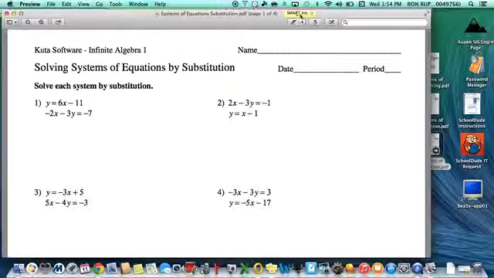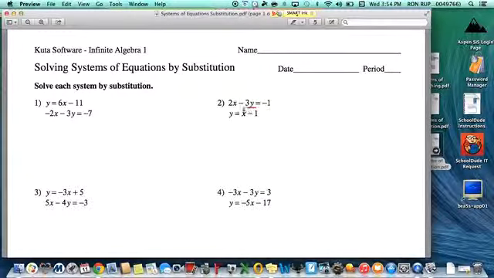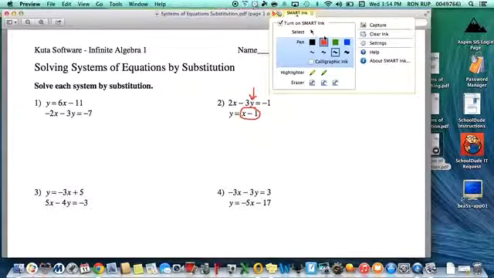So substitution seems hard, but it's not so bad. Because y equals x minus 1, that means wherever we see a y in the other equation, we can change it to x minus 1. So if I do that, it'll look like this.